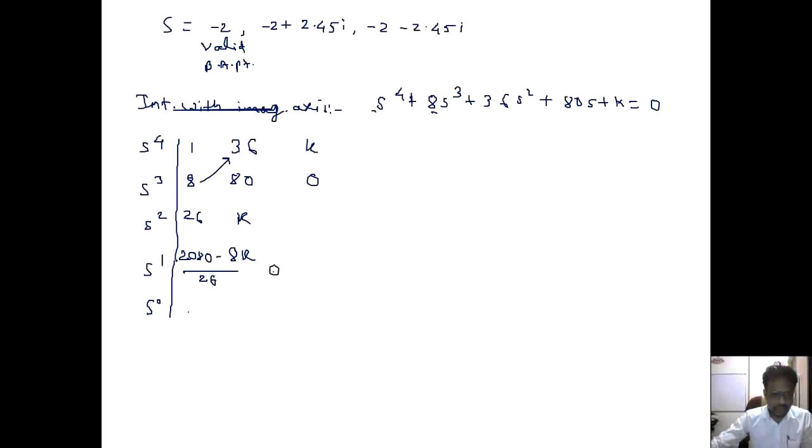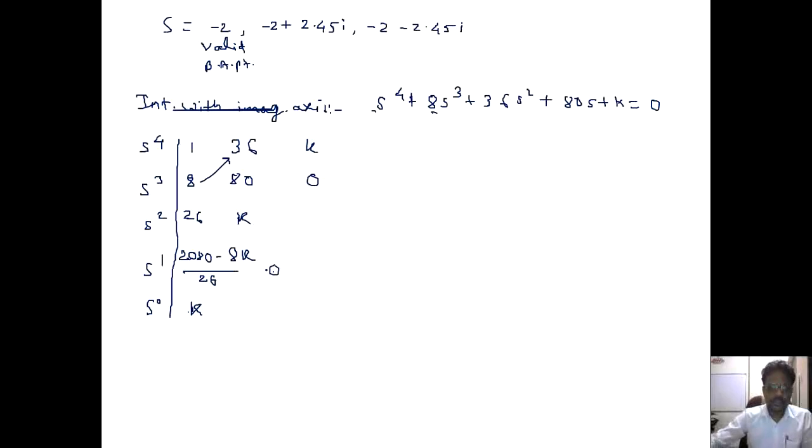And here this whole term, 2080 minus 8k by 26, into k minus 26 into 0, divided by the same term, so only k will remain.